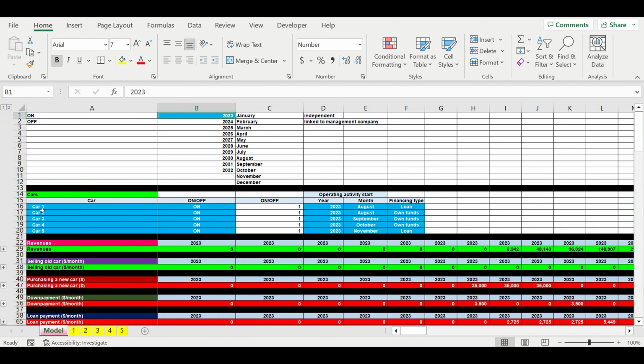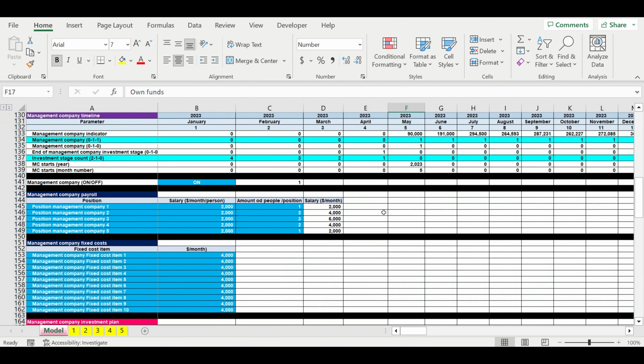Here are 5 cars. We can switch each car on and off from the calculation, or specify when each car starts its operating activity, and what type of financing each car uses, loan or own funds.